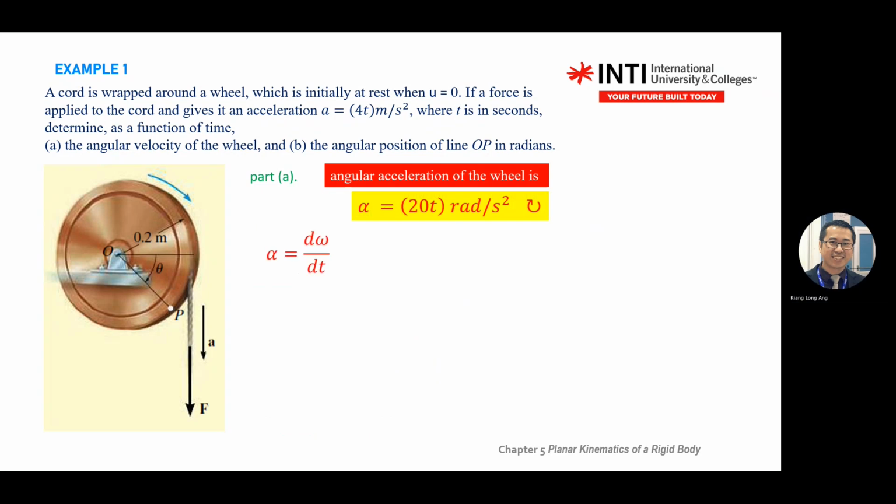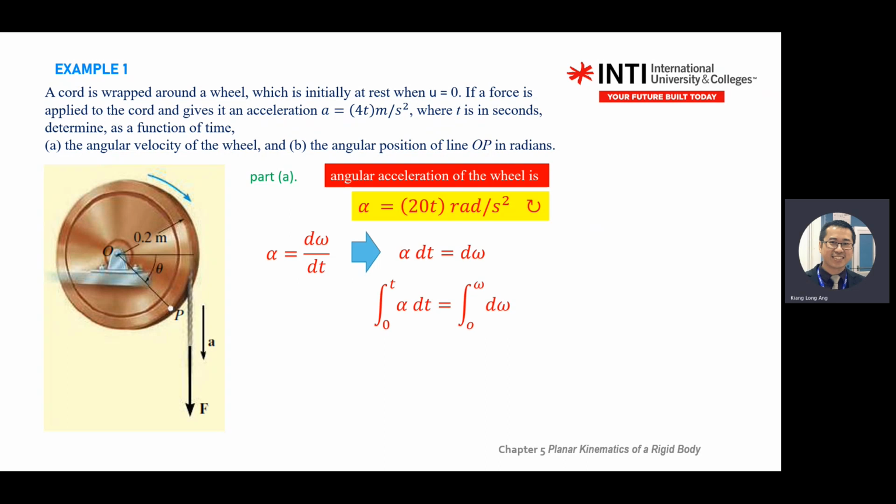Now after that, you recall what alpha is. Alpha is angular acceleration, where you take angular velocity and differentiate with time, d omega over dt. You move your dt to the left-hand side and integrate. Then you arrive at one equation.